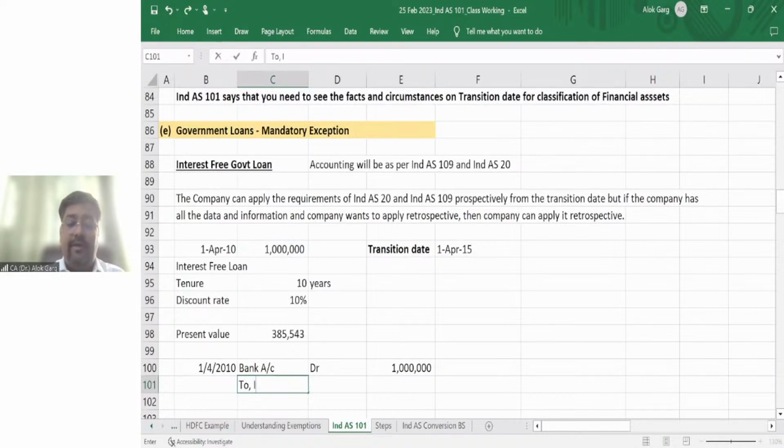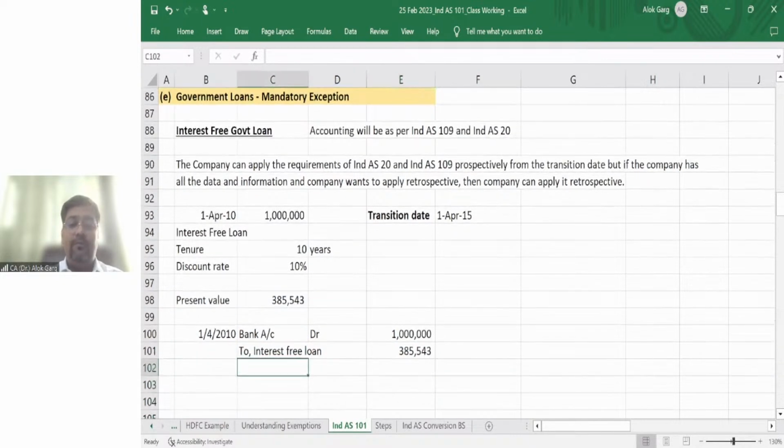Credit interest-free loan by how much? 385,543, and credit government grant 614,457. Right? Which is 10 lakh minus 385,543.